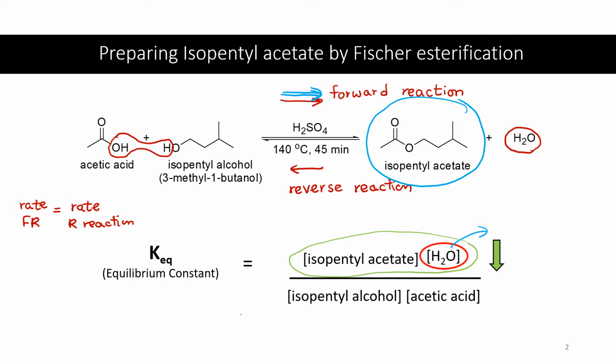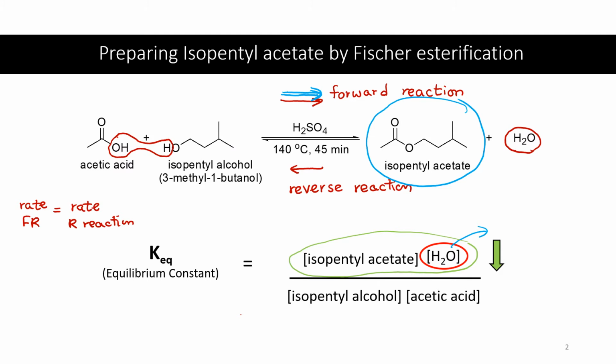So I'm sure you all heard of the Le Chatelier principle. For a reaction at equilibrium, if we introduce a change to one of the reactants or the products, the reaction will either move towards the forward direction or the reverse direction in order to get rid of that change we introduced.